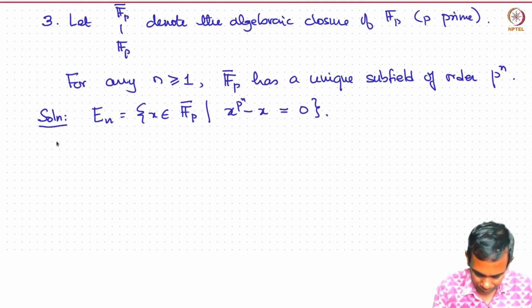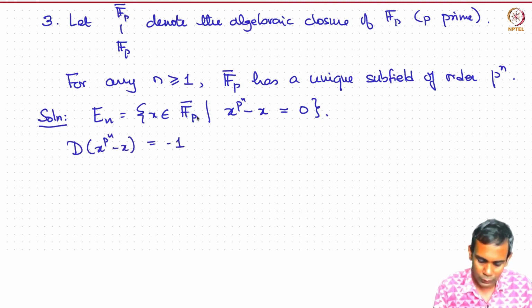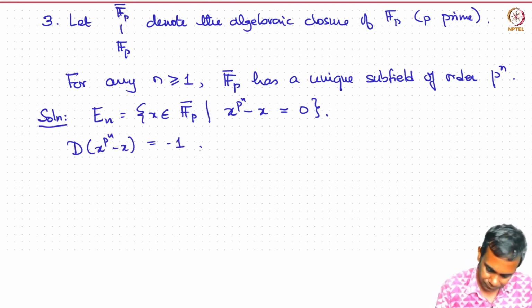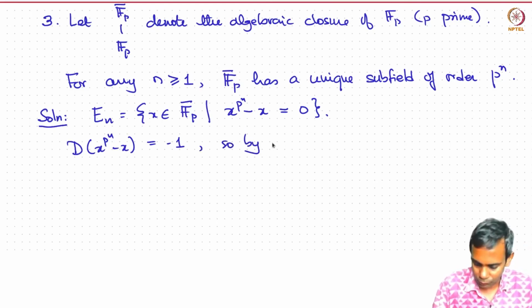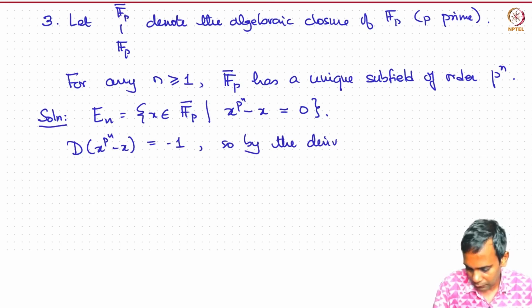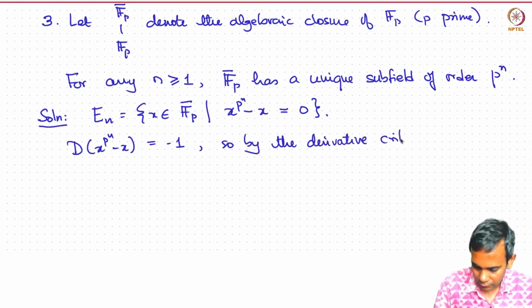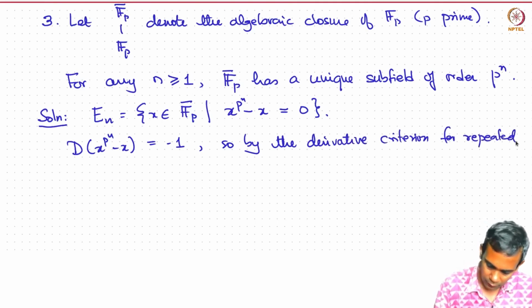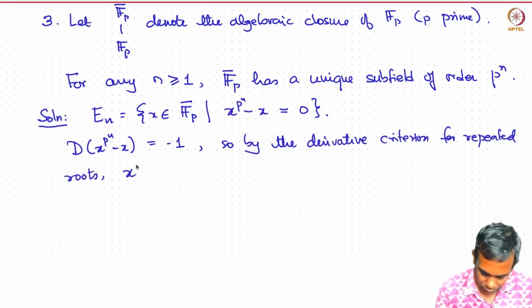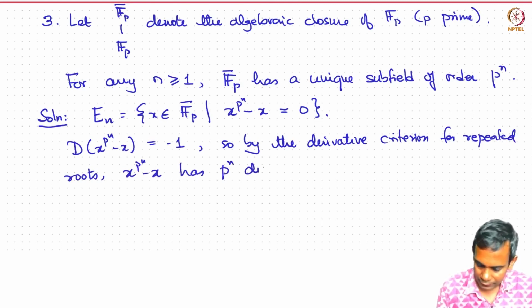Then note that if we take this polynomial x to the p to the n minus x, the derivative of this polynomial is equal to minus 1 because p to the n is 0 in a field of characteristic p. So by the derivative criterion for repeated roots, x to the p to the n minus x has p to the power n distinct roots.